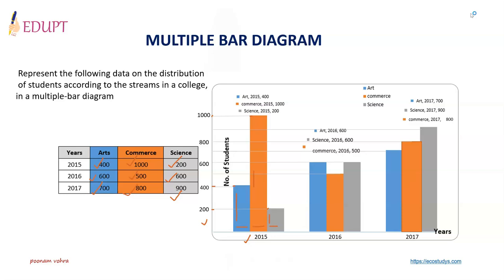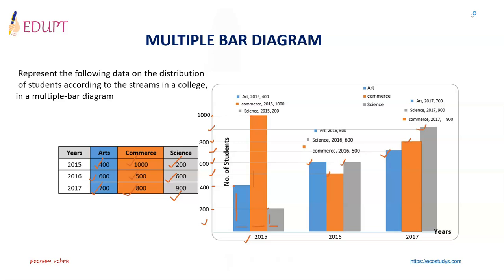You need to make 3 bars adjacent to each other. For arts in 2016, there were 600 students. Here is the point. In commerce, 500 students. Here is the point. And in science, there were 600 students. So this is the point. So you make 3 bars for 2016. Similarly, you can have it for 2017. It is 700 for arts, this is the point, 800 for commerce, this is the point, and 900 for science, that's the point.